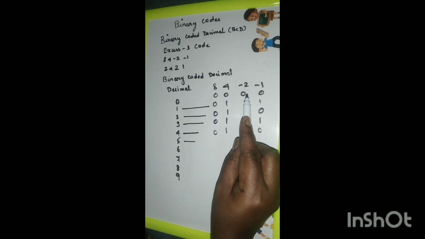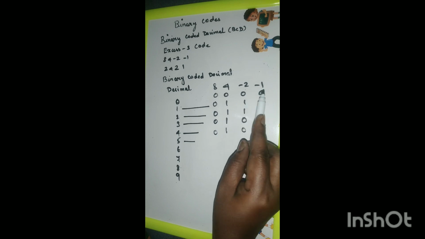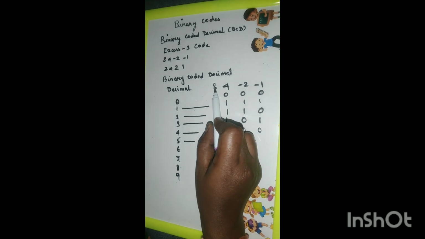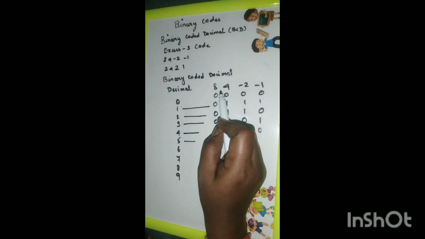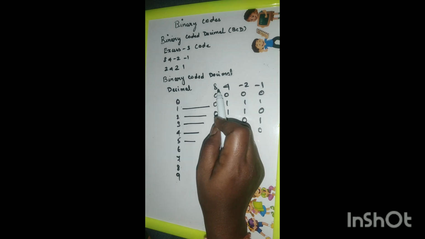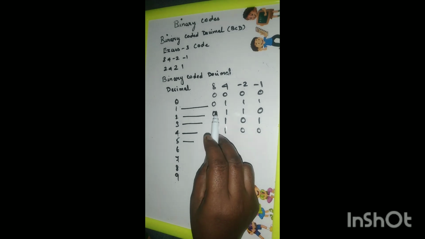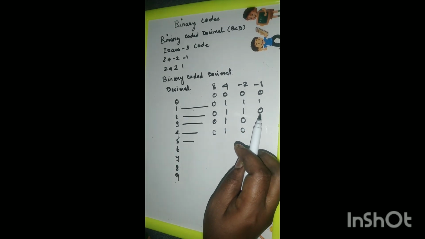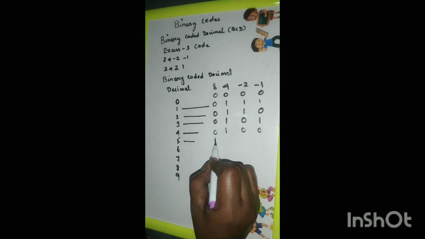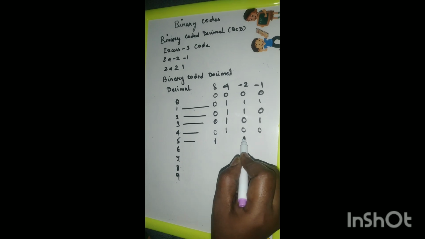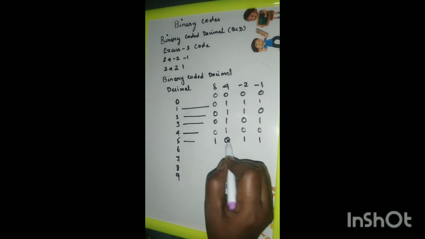Next is 5. That is 8 minus 2 minus 1: 8 minus 2 is 6, 6 minus 1 is 5. So we get 5 by adding 8 plus minus 2 plus minus 1, and we assign 1 for 8, minus 2, minus 1, and for 4, 0.